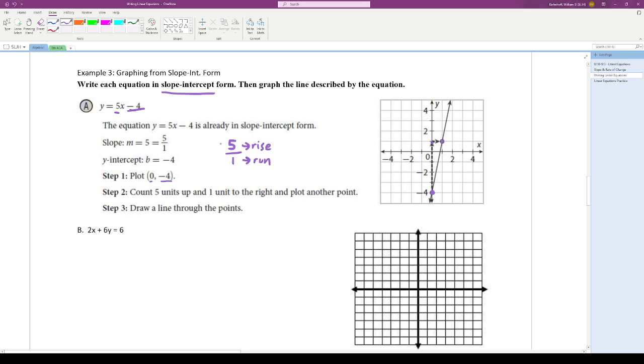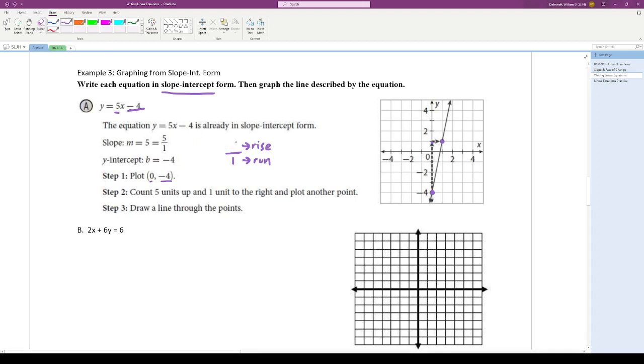Even if we had negative 5 over 1, our run is always positive because we never write negative numbers on the bottom of a fraction or a ratio. So our run will always go to the right. We may go down instead of up if there's a minus sign, but we're always going to the right.